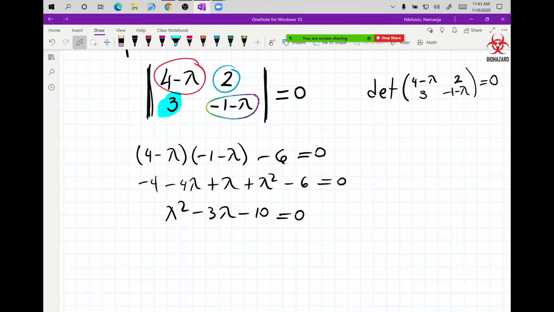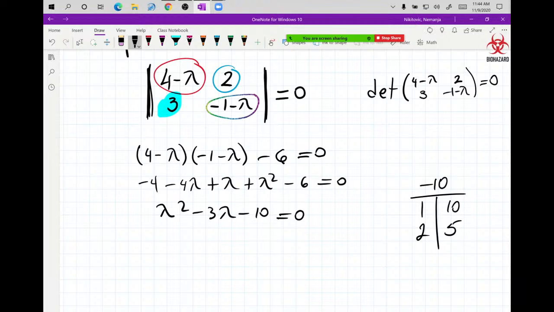Anyway, so I have this one to solve. This is a lambda, not an x. Be careful with your notation. Now we have the factors of negative 10, so one of them is going to be negative. Let's see what negative 10 factors into: 1 and 10, and then 2 and 5.